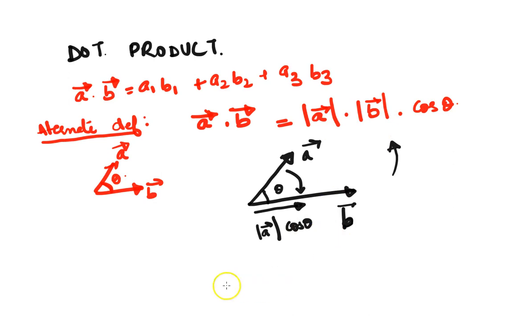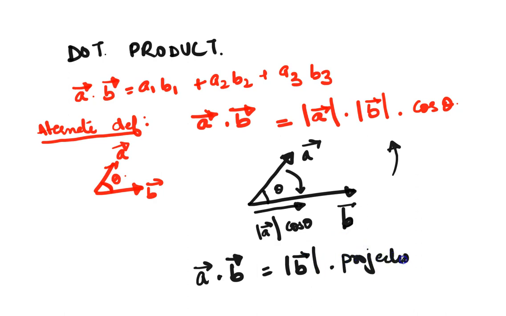That is, A vector dot B vector is the magnitude of B into the projection of A vector on B vector.